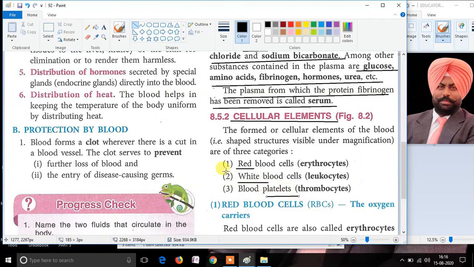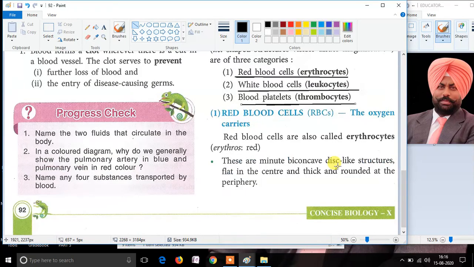Their full names are red blood cells, known as erythrocytes, white blood cells, known as leukocytes, and blood platelets, known as thrombocytes. So these are the three different cellular elements present inside the blood. Now we will study these three types in detail.